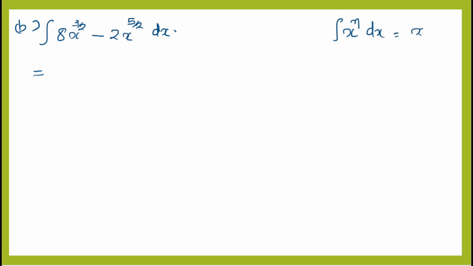Now let us try to find the integral of the given function. Let's integrate 8x to the power 3 by 2 minus 2x to the power 5 by 2 dx. Now we know that the integral of x to the power n is x to the power n plus 1 by n plus 1.